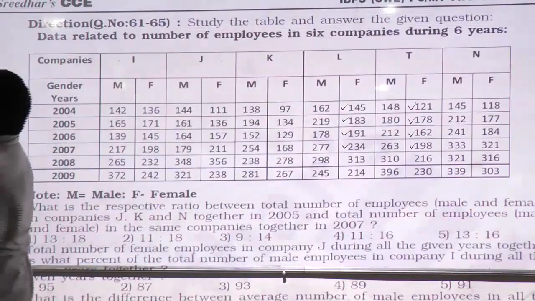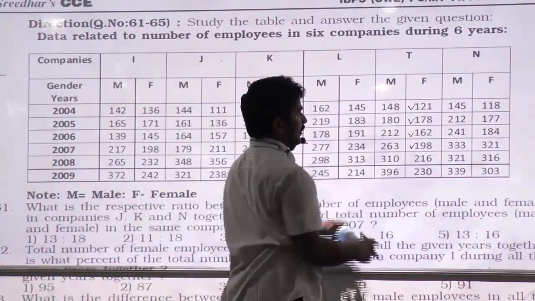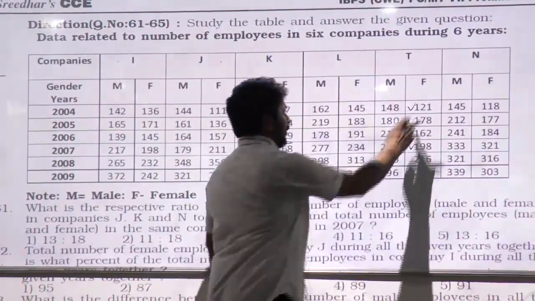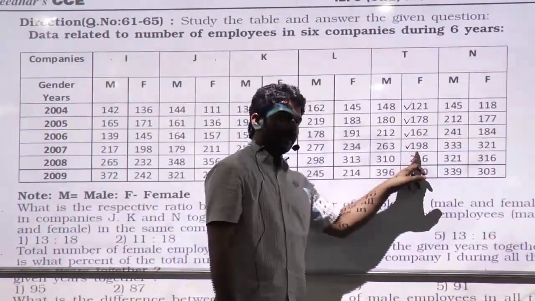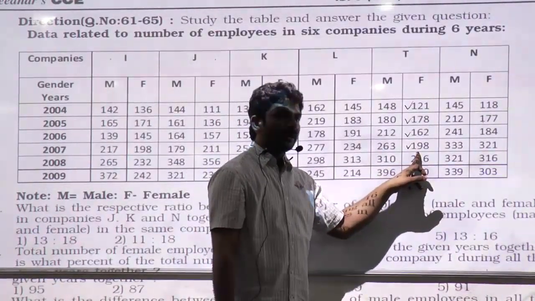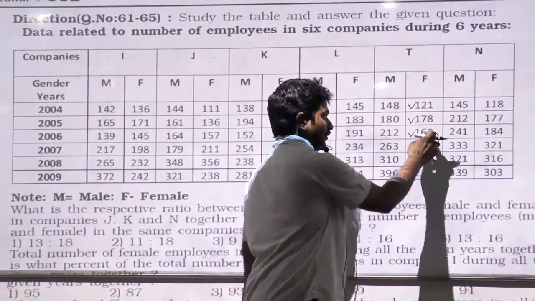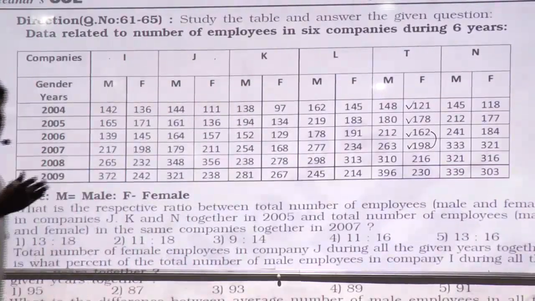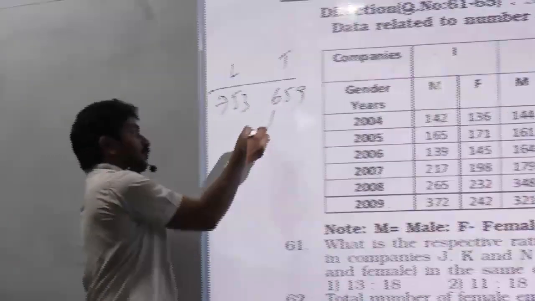This is for L. And for T, 100, 100, 100, 100, 400. Right? 20, 70, 90, 90, 60, 150, 150, 90, 240, 240, 240, 250, 259, 259 plus 100, 659. This is in T, and he asked about what percent more.